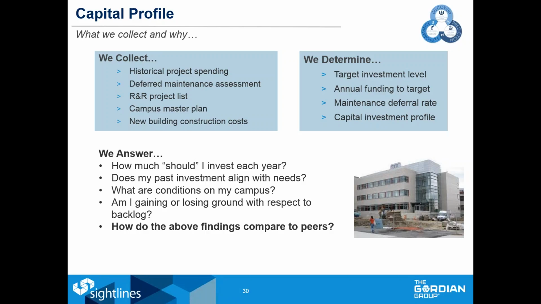Perhaps the most important one is, how much should I invest each year? Once we know that, has my past investment aligned with those needs? What are the conditions like on my campus as a result of that spending? And because of my spending, am I gaining or losing ground with respect to my backlog?